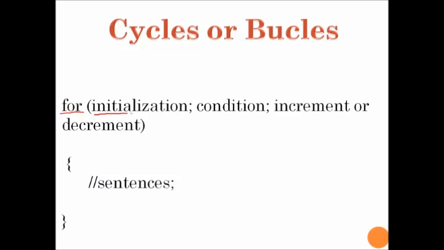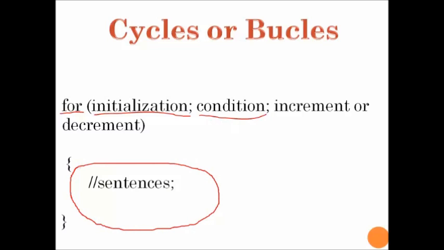The initialization, that is going to be a counter variable into the cycle, the condition that the cycle has to have, and the flow in the middle of the keys is going to repeat one another time, since the condition is not complete, and then it's going to be an increment or decrement process with the variable that we are going to choose.